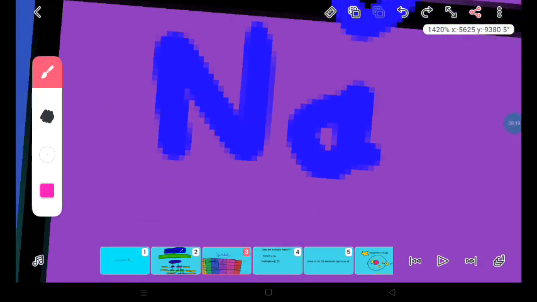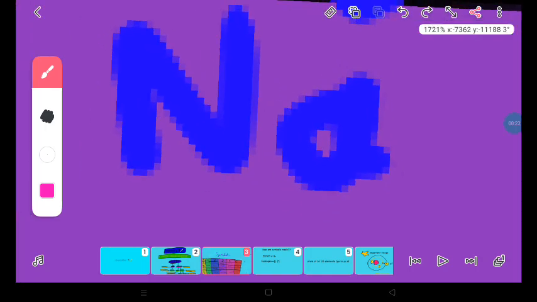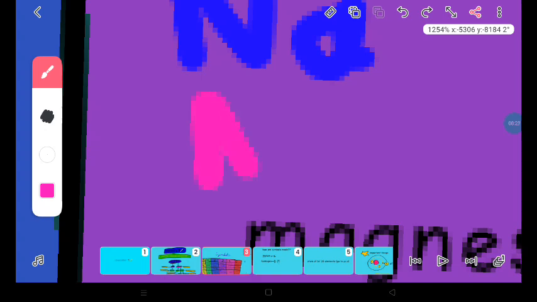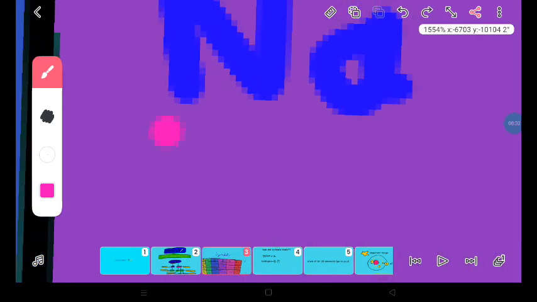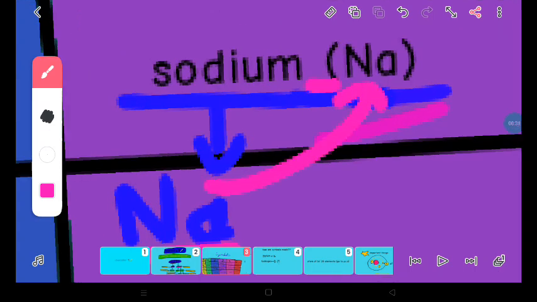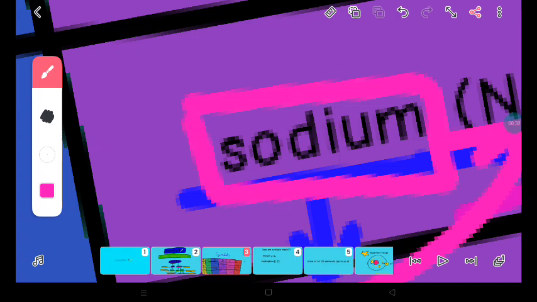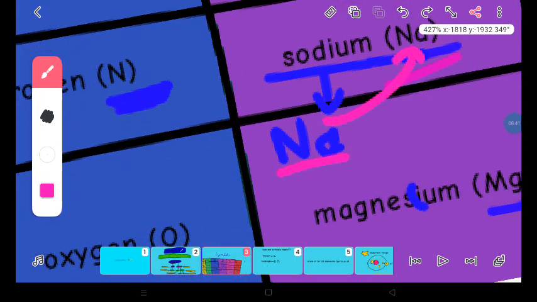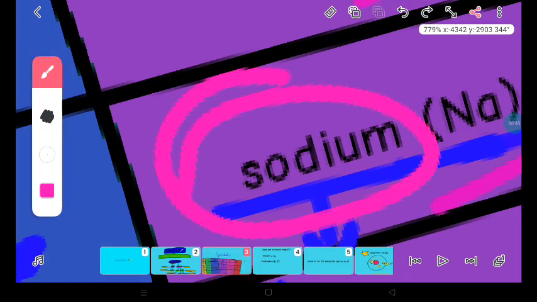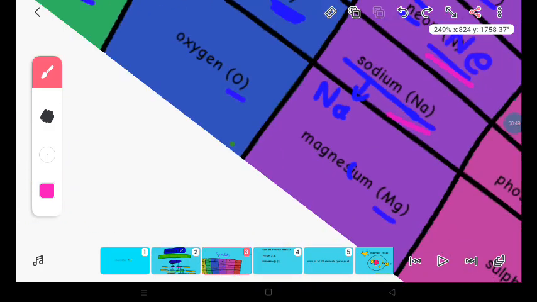To solve this, scientists use the first two letters of the name natrium over here, and the English name they named it. Meaning the first two letters of the Latin name are the symbol and the English name is the element name. So yeah, I hope you didn't get confused.